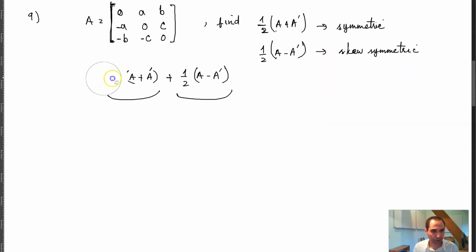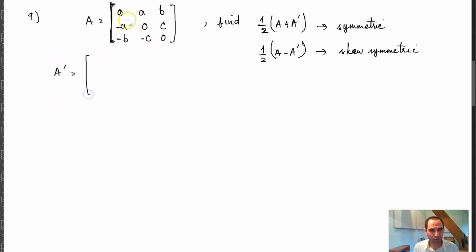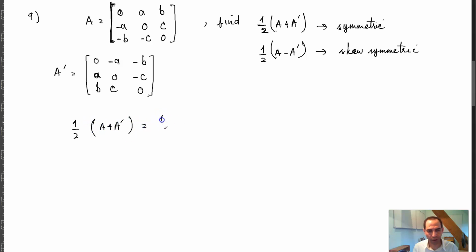So now over here, if I find A prime, the transpose of this matrix, which is 0, A, B, negative A, 0, C, and negative B, negative C, and 0. Now, 1/2 of A plus A prime would be equal to basically 1/2 of these two matrices added together.